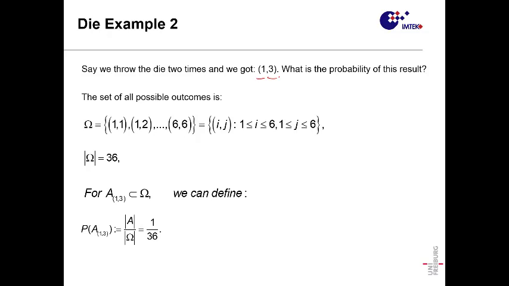Basically there is only one possibility for that to happen. So the probability to get a 1 and then a 3 is 1 over 36, using the definition of Laplace for probability. All right, as simple as that.